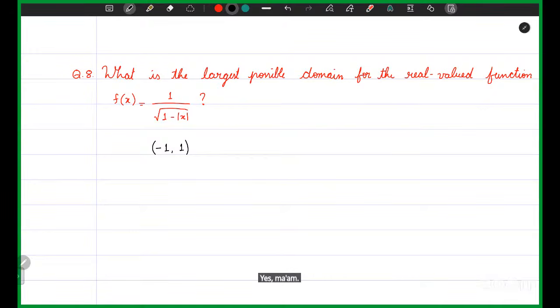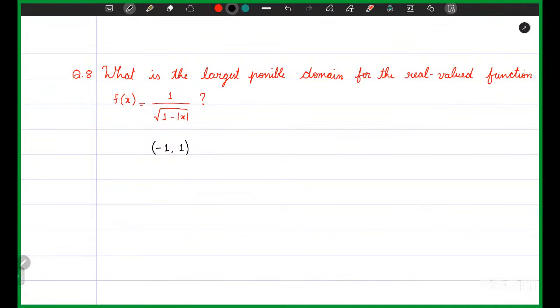Right. So does anyone want to give the argument why this is the correct answer? Yes, please go ahead. 1 minus mod of x greater than 0. When we put 0, it gets infinite.